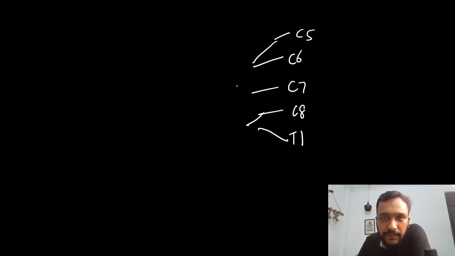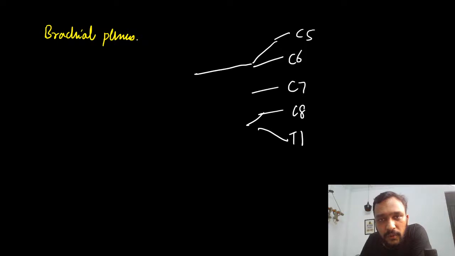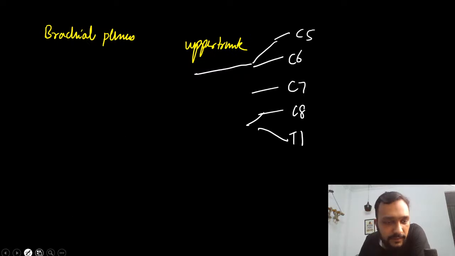C5 and C6 join to form the upper trunk. C7 forms your middle trunk.